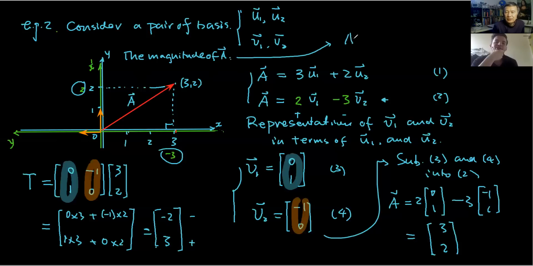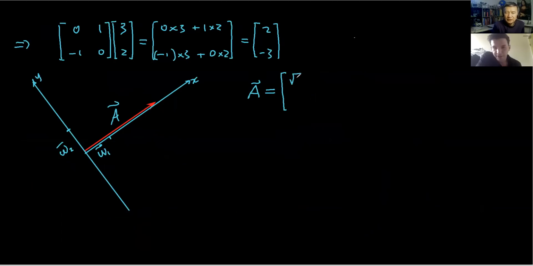A, which I use to represent the magnitude, equals the square root of 3 squared plus 2 squared, Pythagoras theorem. It's just numbers, you agree? 9 plus 4. So 13, square root of 13. It's just numbers. So in this particular choice, we end up with the square root of 13, and 0.